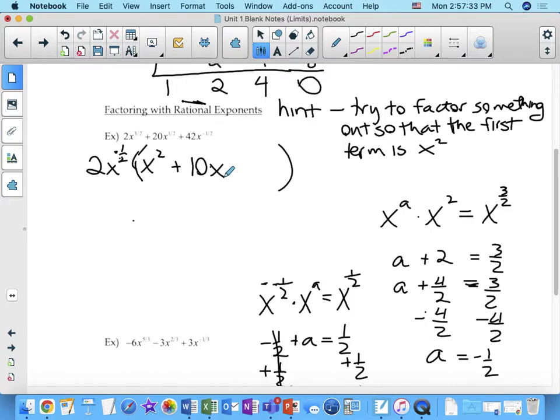Okay. Now the nice one is the last one because this is x to the negative 1/2. So if you factor that out, and you factor out 2 as well, all you're left with is 21. Yes? So I have a question. If it always turns into a quadratic function, can you just look at the exponent on the last term and then that's your... That's typically what happens as well.